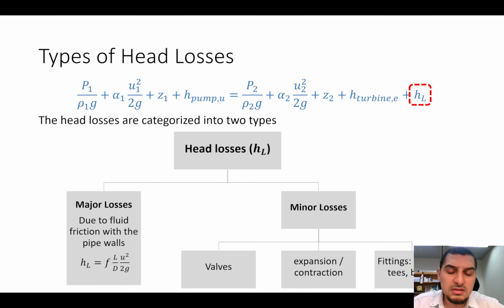There is another source of losses that is different from what we call the major losses. The other type is the minor losses, and these minor losses are losses due to other sources, not just the friction between the fluid and the walls of the pipe.